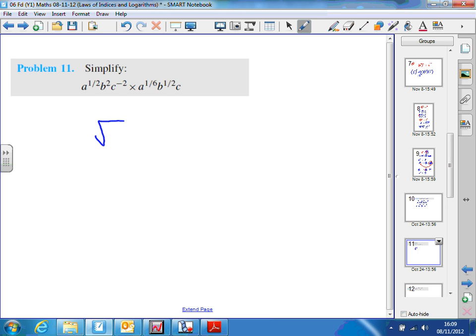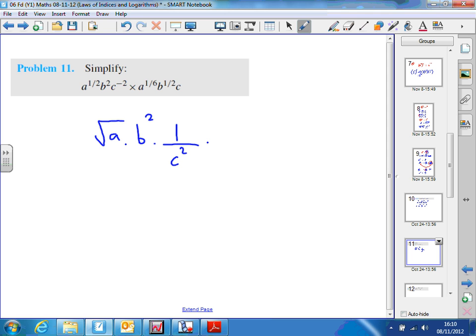It's a root, isn't it? The square root, so we don't normally bother with the 2 in the square root. And a to the 1 is just a, so a to the half would be square root of a, multiplied by b squared, divided by, or times 1 over, c squared, because minus means the inverse.